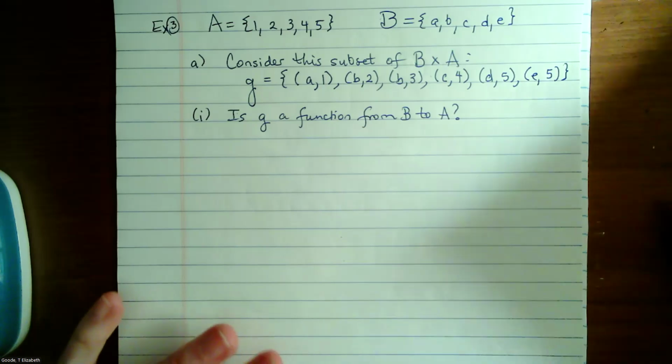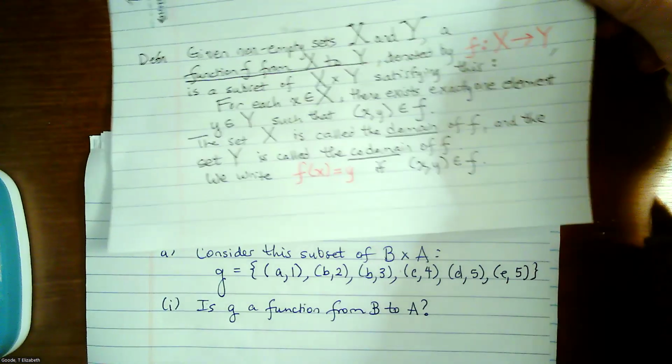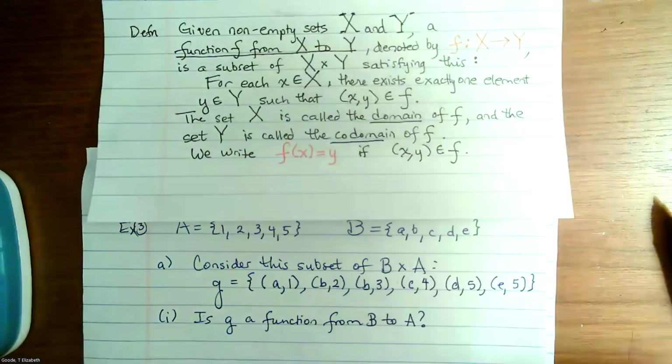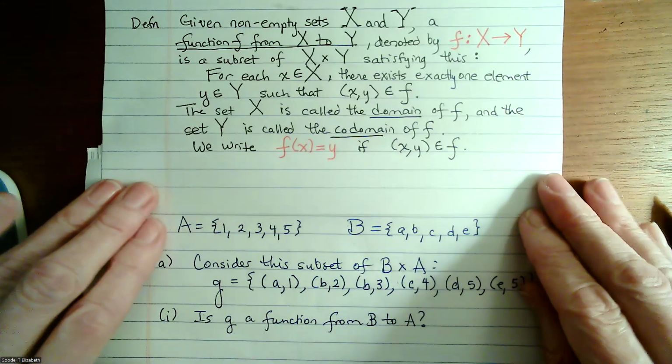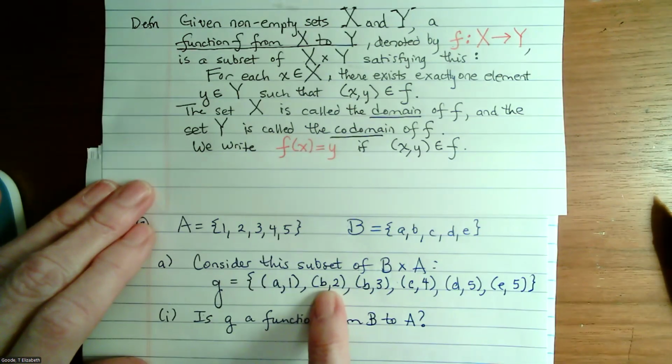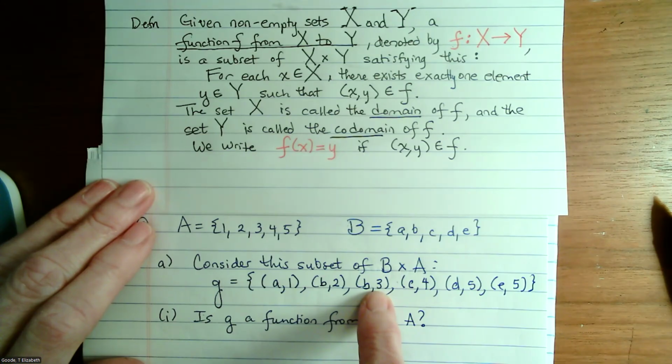Do we need to see the definition of function while we answer this question? G isn't a function. Why would you say it's not a function? Because b has a coordinate that goes with 2 and then with 3. Yeah, there's an element of the domain, namely little b, that's paired up with 2 different partners. It's mapping to 2 and it's mapping to 3.